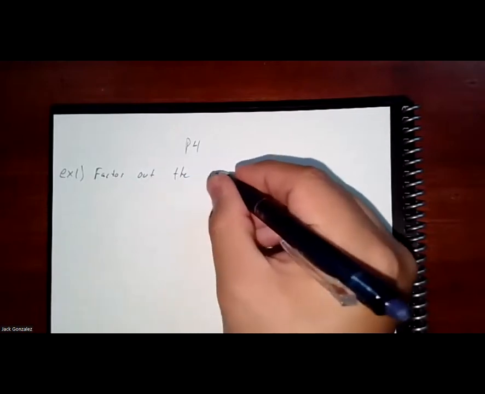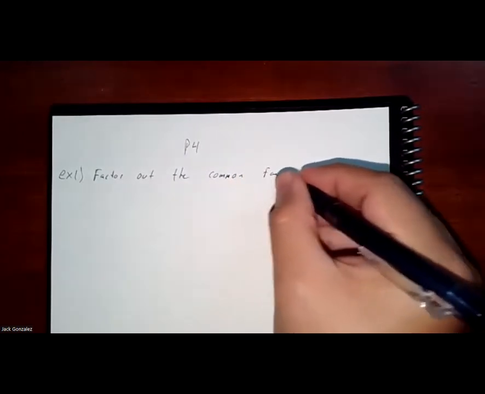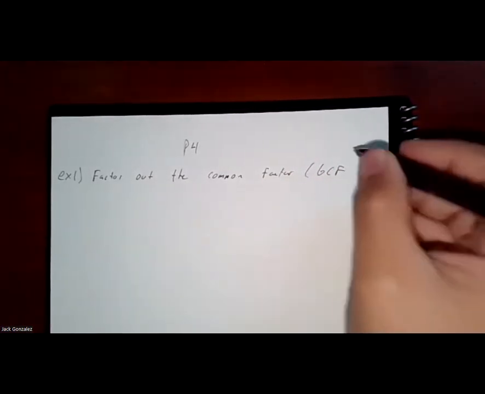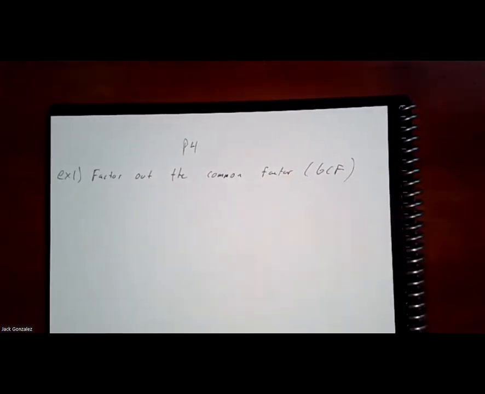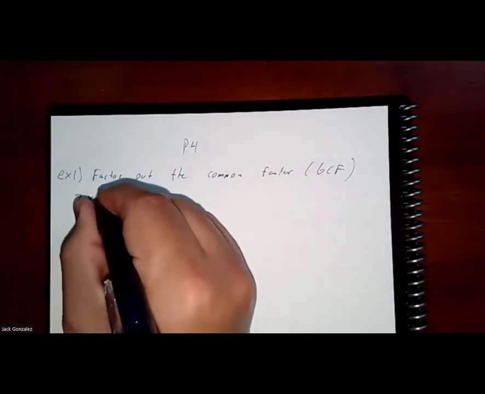Factor out the common factor. In other words, we're doing GCF, greatest common factor. 3x cubed minus 9x.